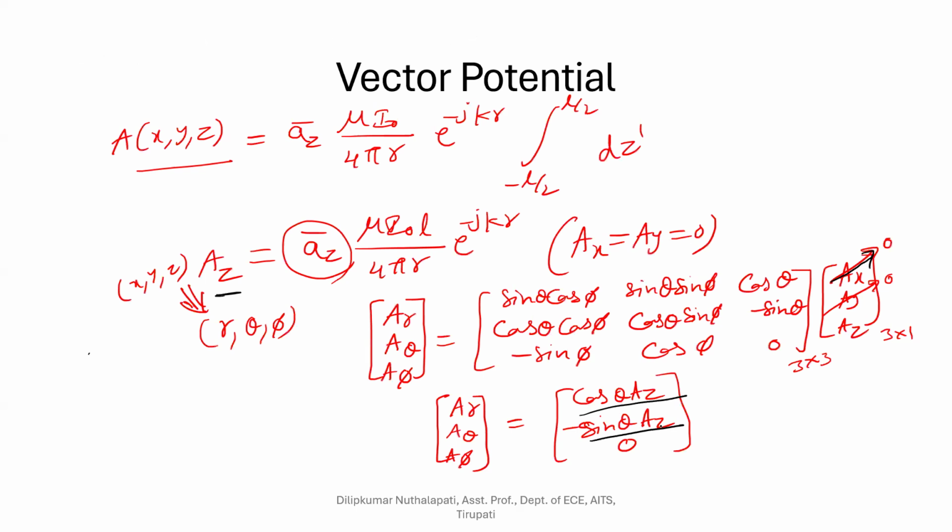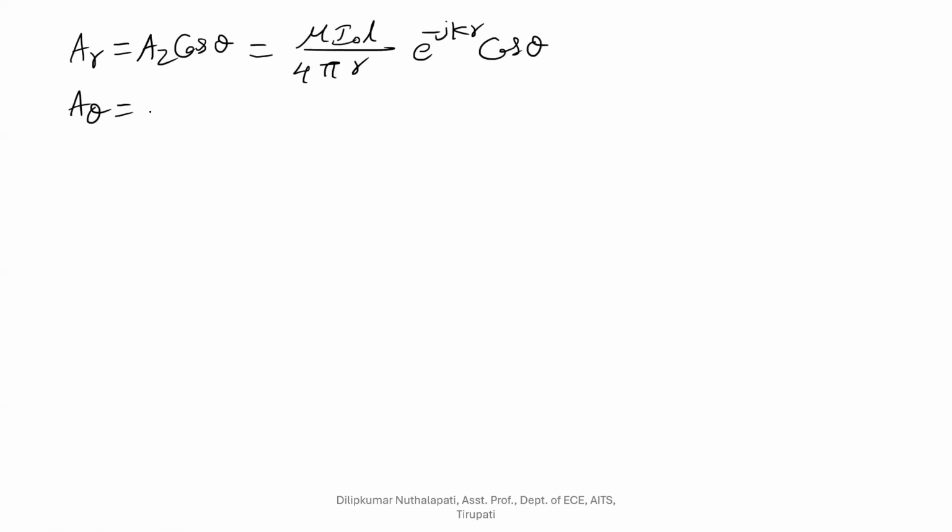obtain minus sin theta Az. So for that, we'll write minus Az sin theta, that is equal to minus mu I naught L by 4 pi r into e power minus j k r into sin theta.